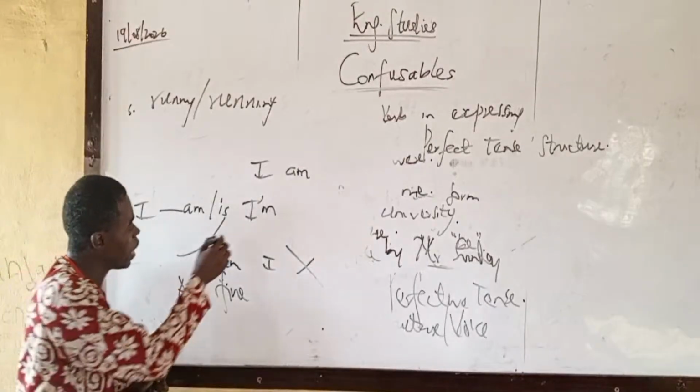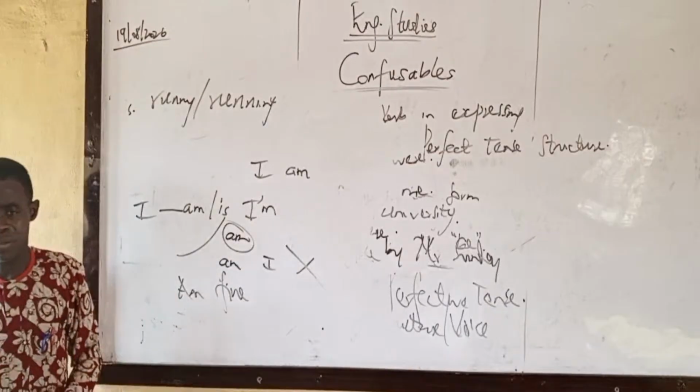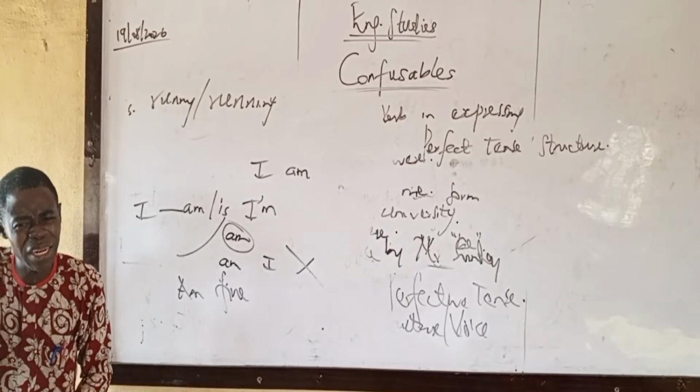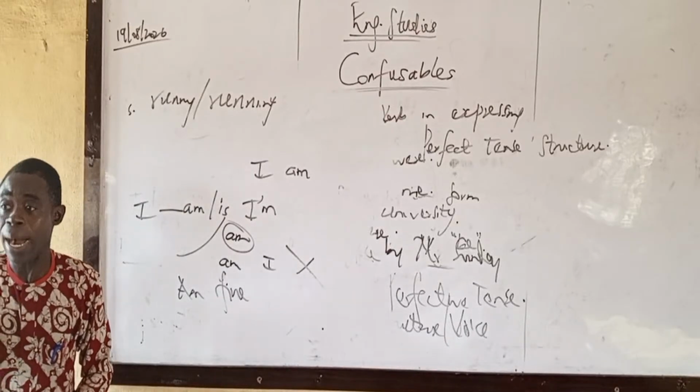In fact, the most selfish word in English is I. It is singularly meant for what? Am. No, what? I, no am.